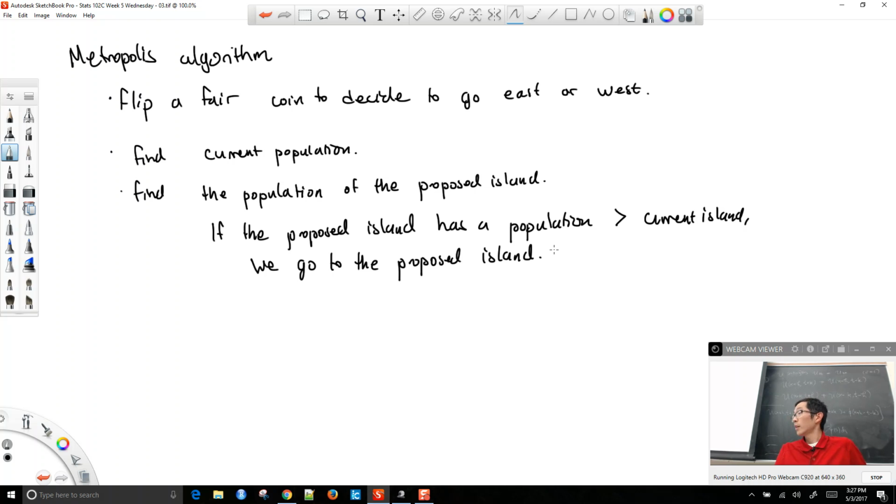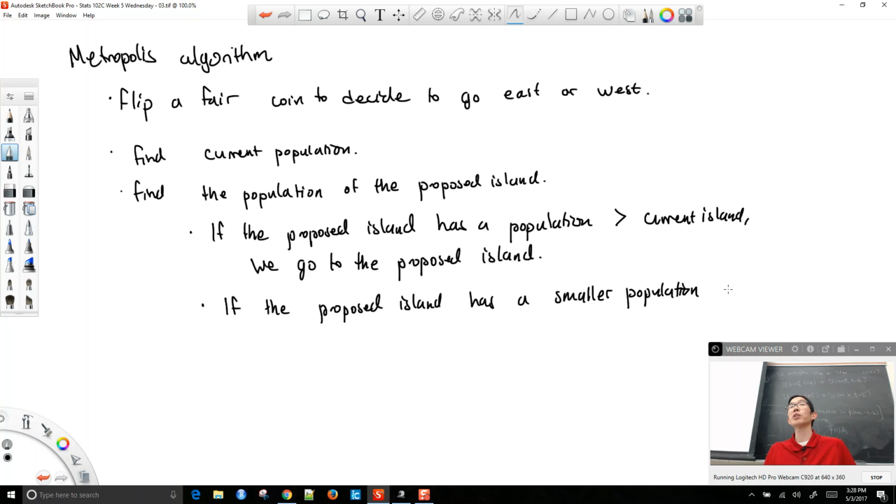If the proposed island has a smaller population, then we make a decision. We basically do an accept-reject thing.